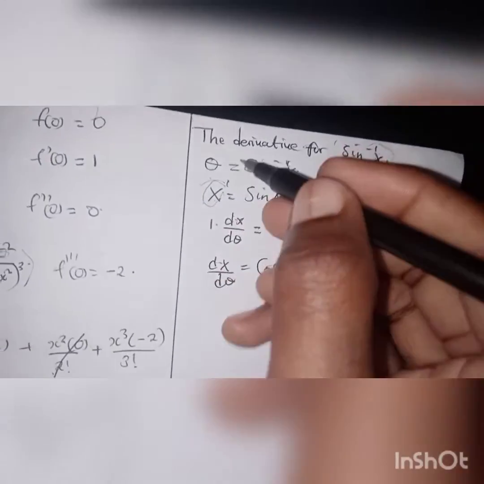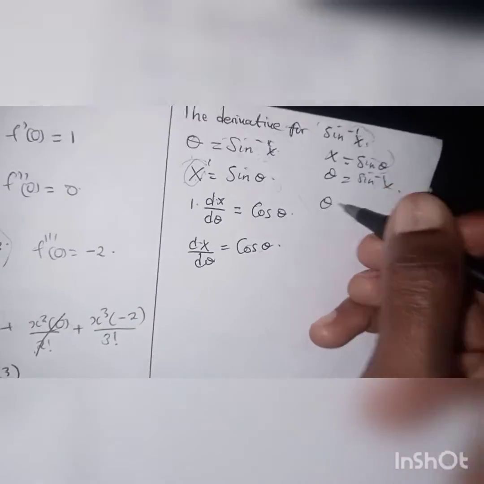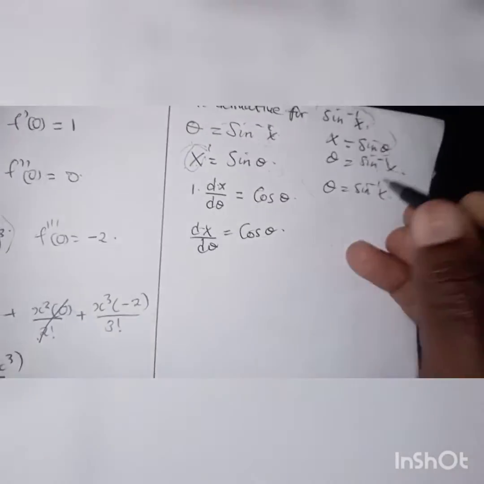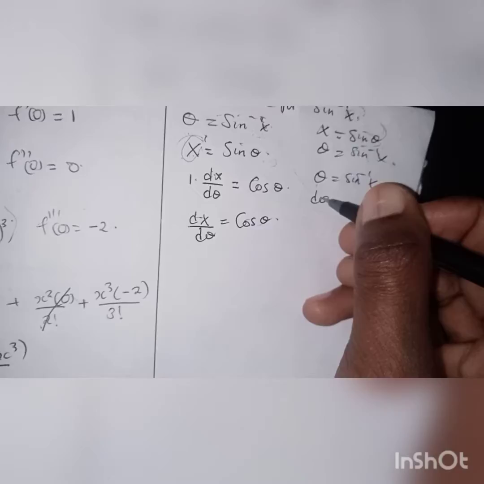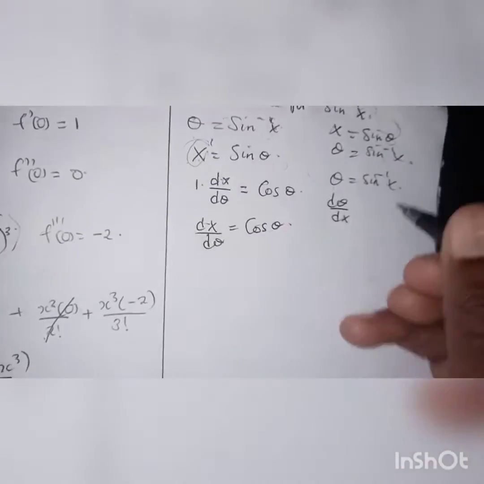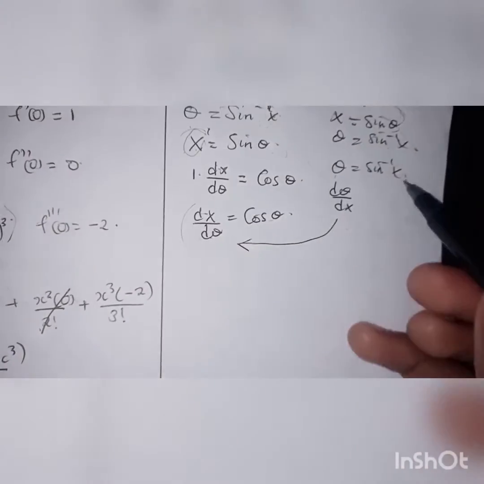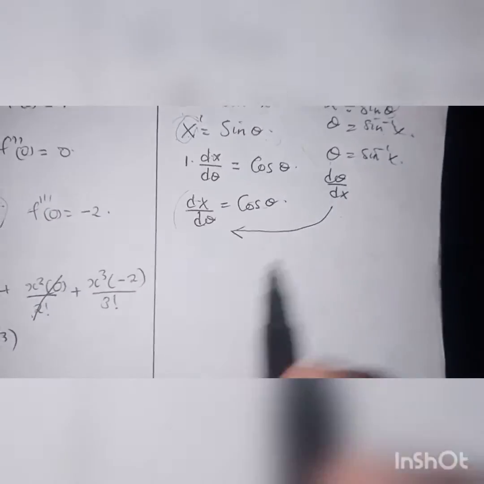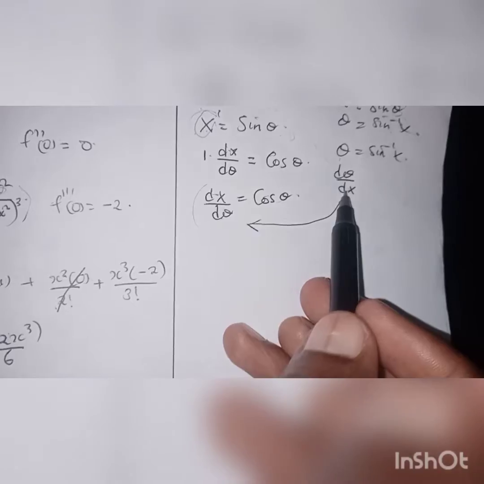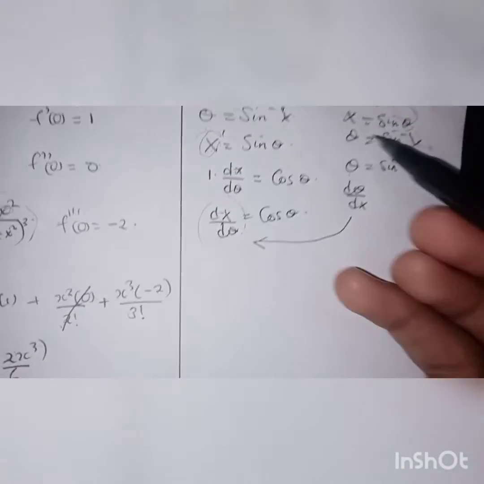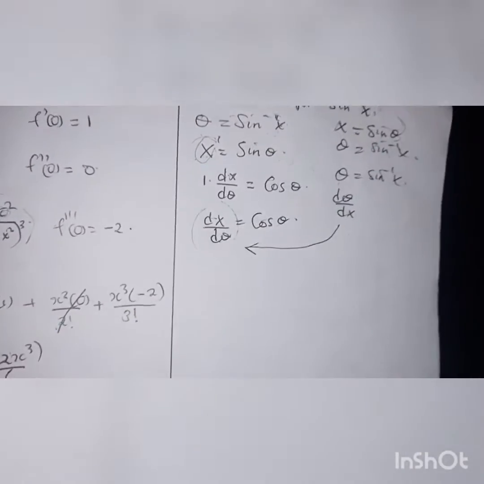So the derivative of this function, sine inverse of x, is supposed to be d theta all over dx. Can't you see here? This is not the derivative of that function. So getting d theta dx is just the inverse.